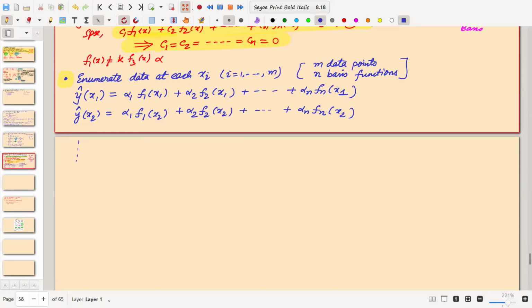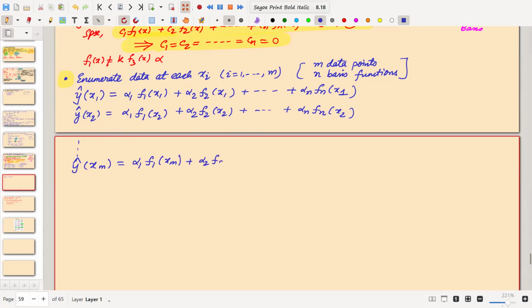So what should I write for the last data point? Y cap of x m equal to alpha 1 f1 of x m plus alpha 2 f2 of x m, and so on up to alpha n fn of x m.